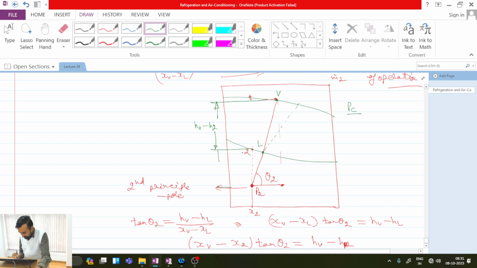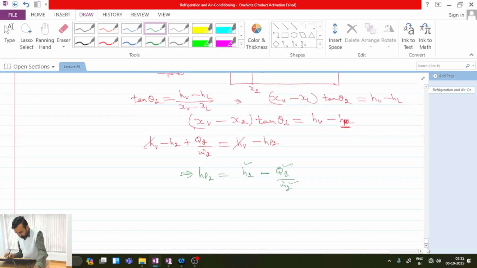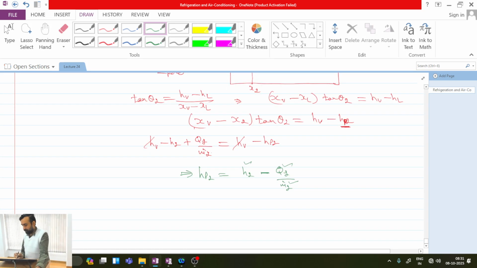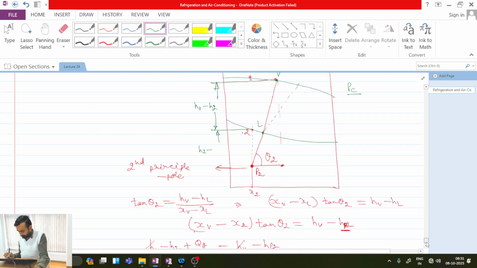This particular part is H2 minus HP2. And HV minus HP2 is basically QG by M dot 2. So this portion will become QG by M dot 2. Are all clear with this point?